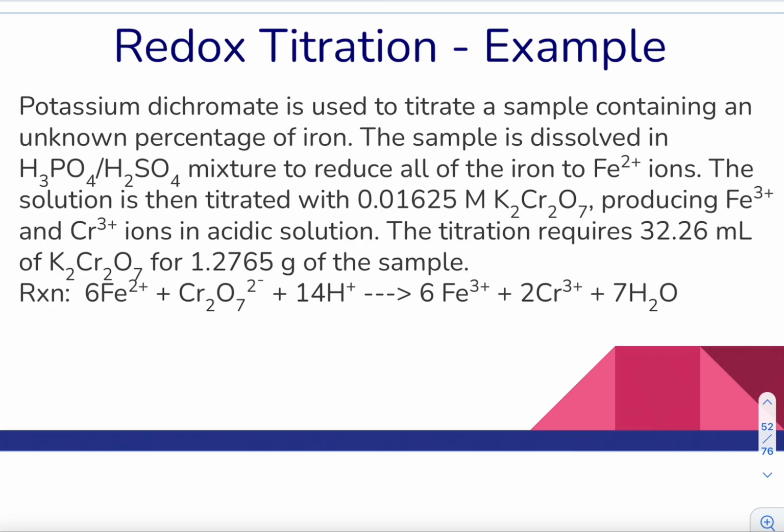The solution is then titrated with, we're given the molarity here, producing Fe3+. So this is our oxidizing agent, the potassium dichromate. And so you can see that we're oxidizing Fe2+ to Fe3+.